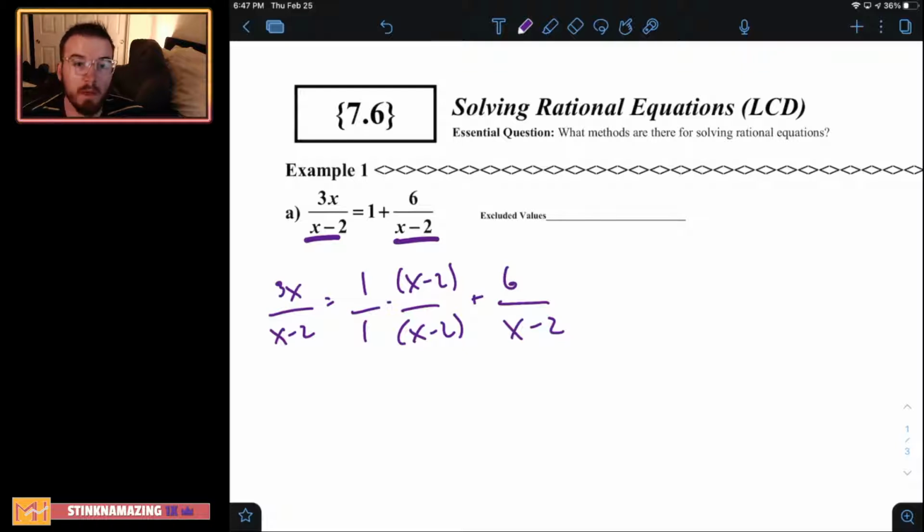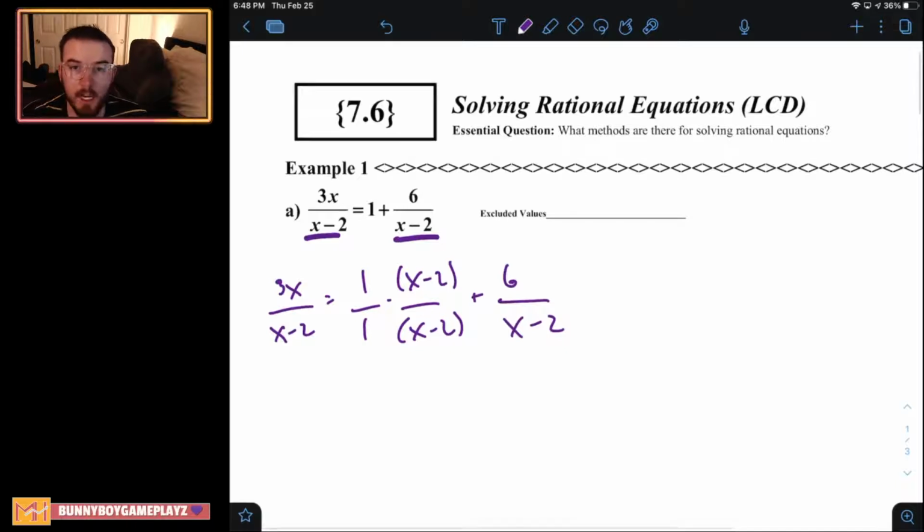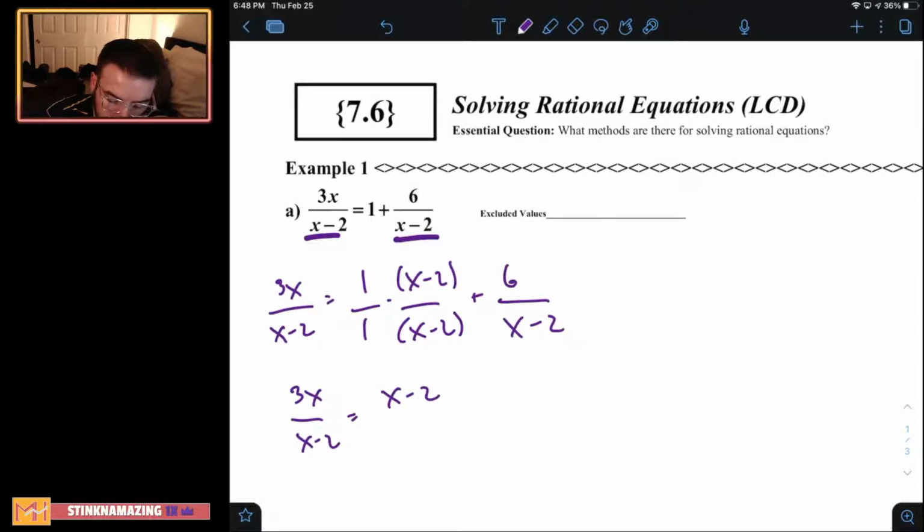If you don't remember that, I would encourage you to watch the beginning of the 7.4 lesson where we added and subtracted these expressions because we had to get a common denominator over and over in those problems. So when I multiply by x minus 2, I end up with x minus 2 on top because 1 times that is x minus 2, and x minus 2 on bottom.